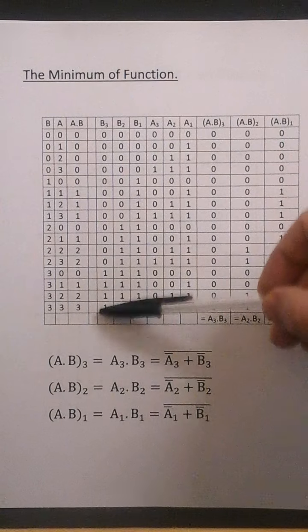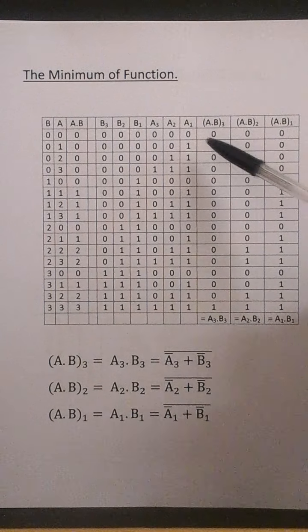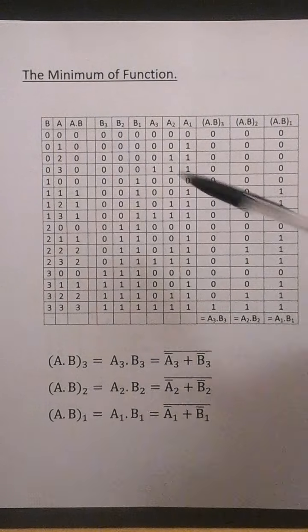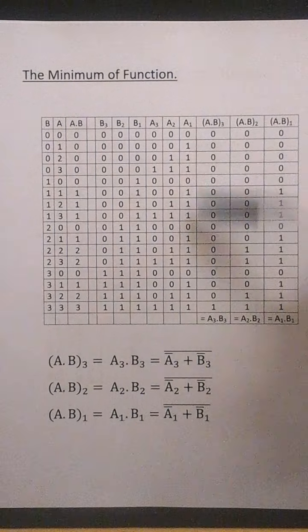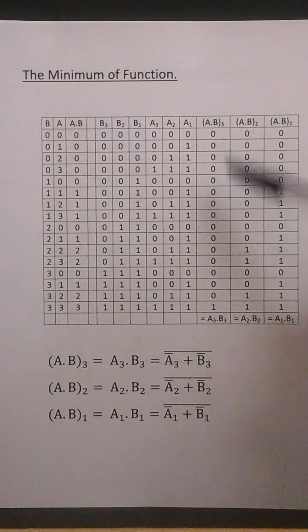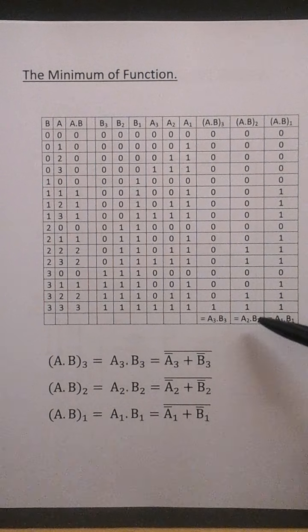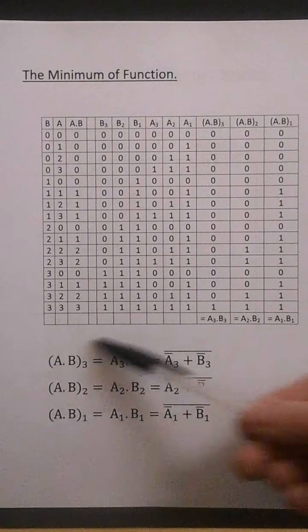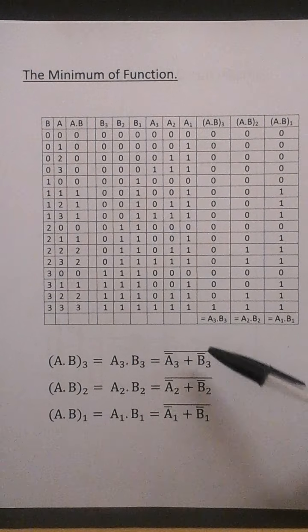So that's the same coding for B as for A. Same coding for the outputs, exactly the same. You take the output and you apply the same coding. So A min B3 is A3 and B3. A min B2 is A2 and B2. And A min B1 is A1 and B1, as shown here.